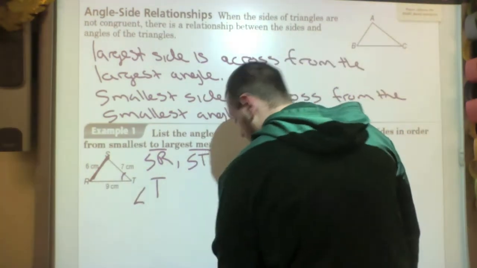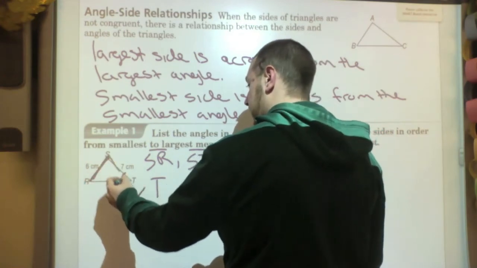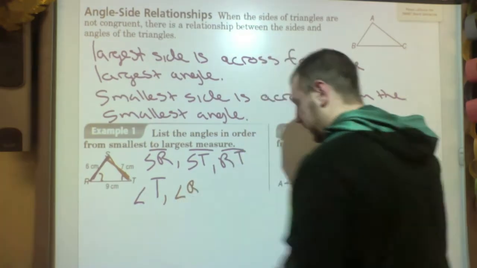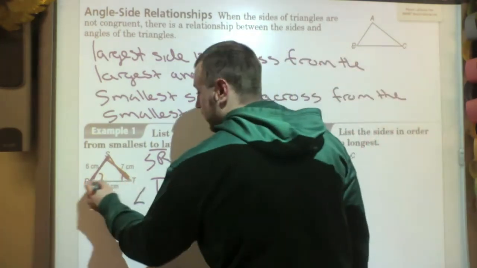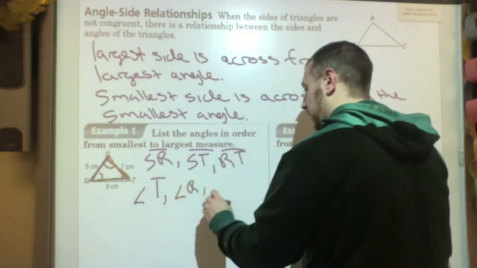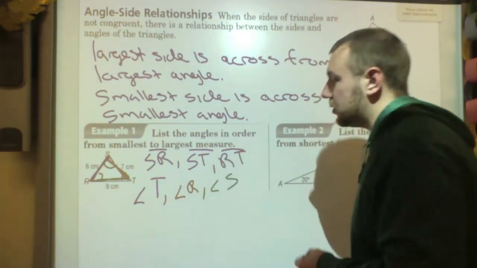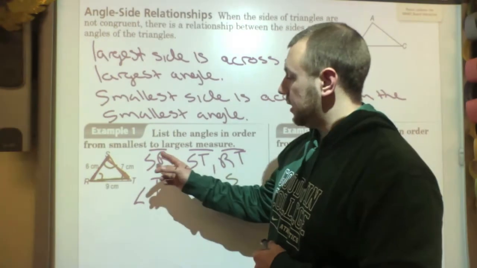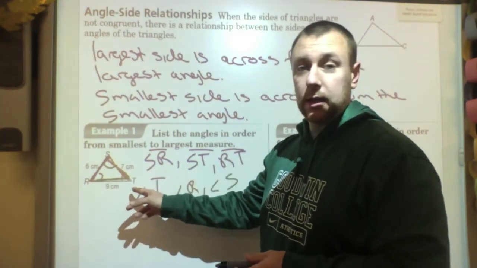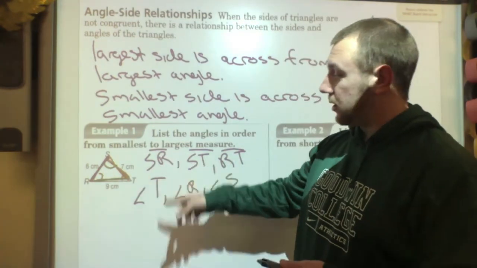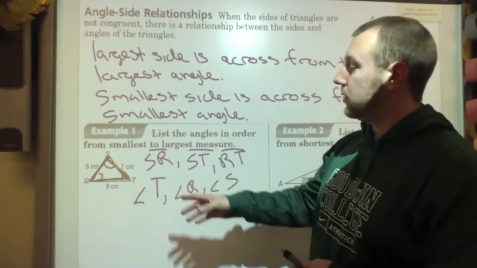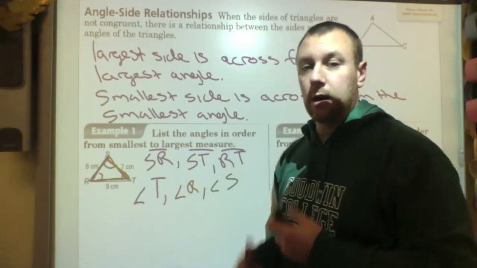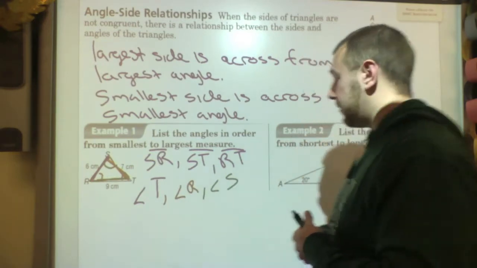Across from ST is angle R, and across from RT is angle S. You'll notice also with the sides and the angles, there's RST in the triangle. The side is SR, the angle is T. So they don't mix up the three points or the vertices that we have.